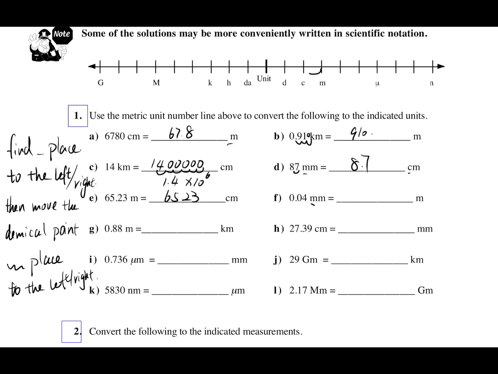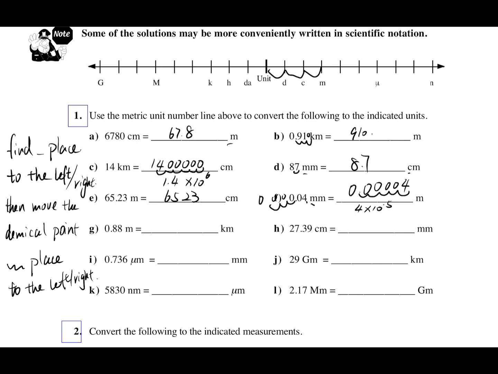For here it's 1, 2, 3, so it's your decimal point, 1, 2, 3, 4, 5, so it's 4 times 10 to the negative 5.